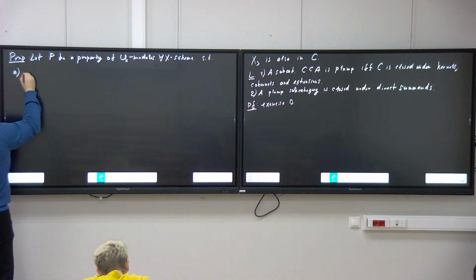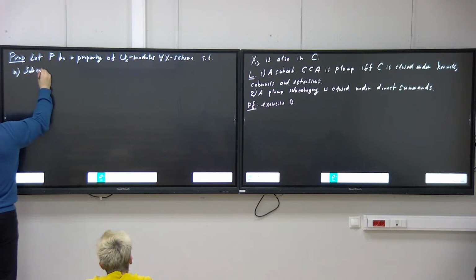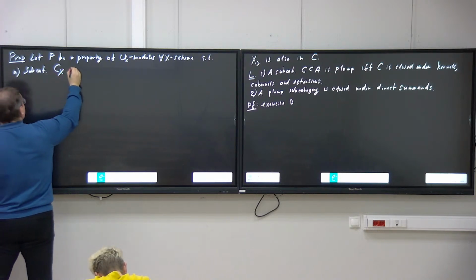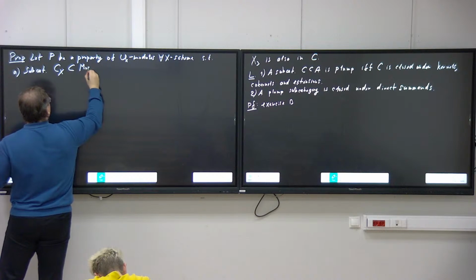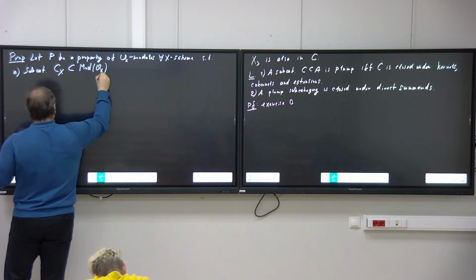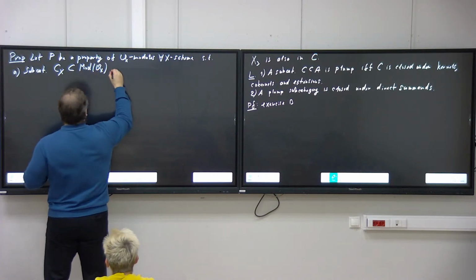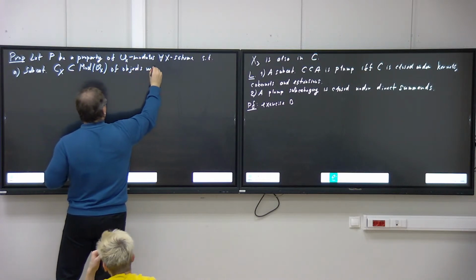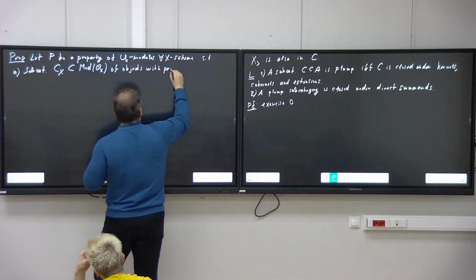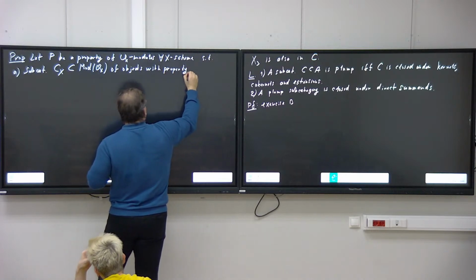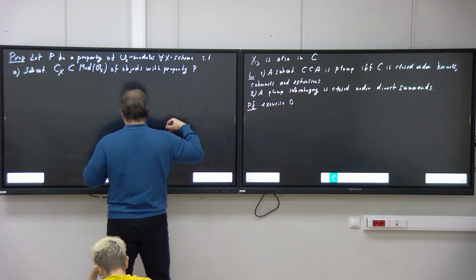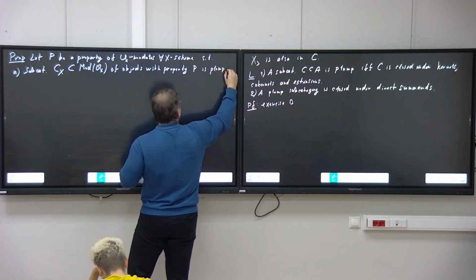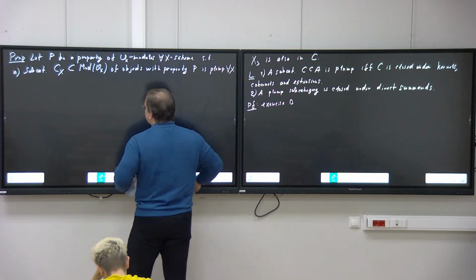First, a subcategory C_X inside all O_X-modules, consisting of objects with property P, is plump, and this is again for any scheme X.